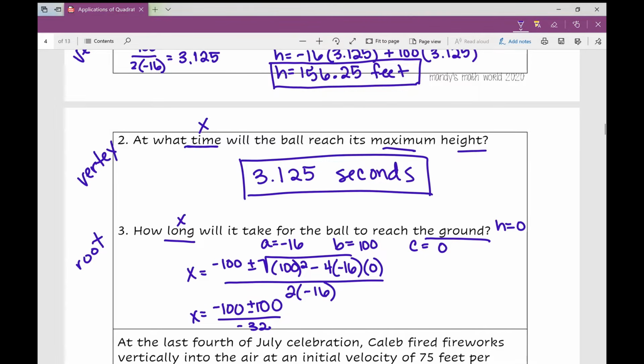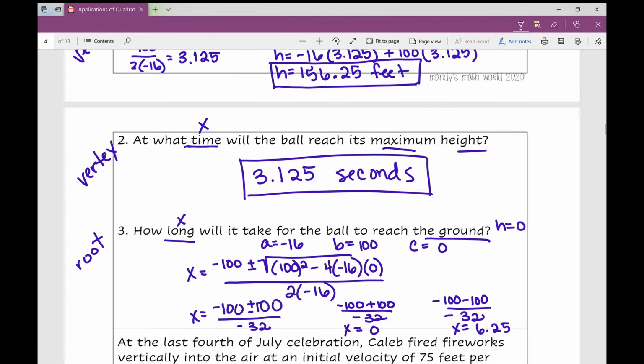So I know that my solutions are going to be negative 100 plus 100 over negative 32. And what do I get there? I get x equals 0. Okay, negative 100 minus 100 divided by negative 32, I get 6.25.